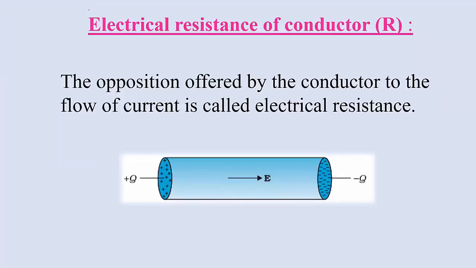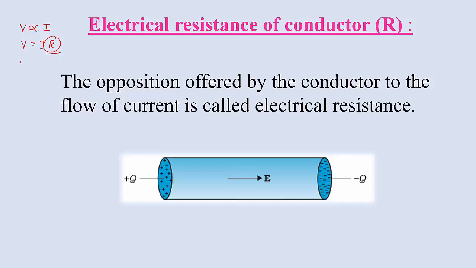We already studied about Ohm's law. What is the equation of Ohm's law? Potential difference V is directly proportional to electric current in a conductor, or we can write it as V equal to I into R, where R is the proportionality constant and this constant is called resistance. So what is resistance?